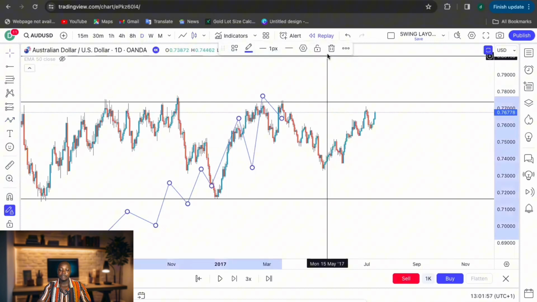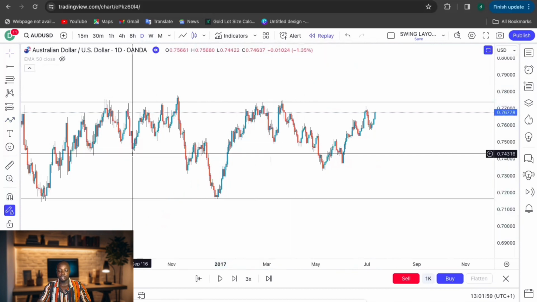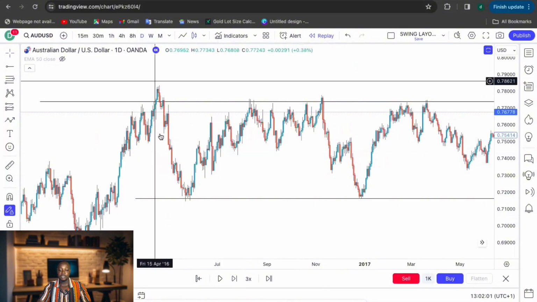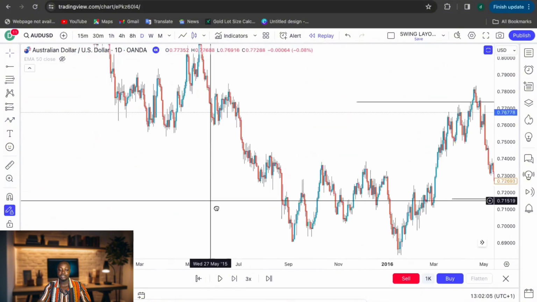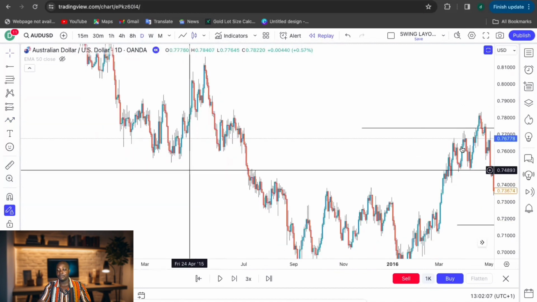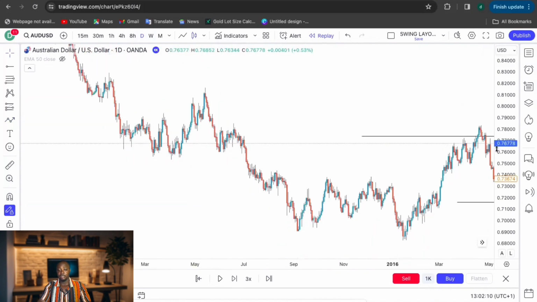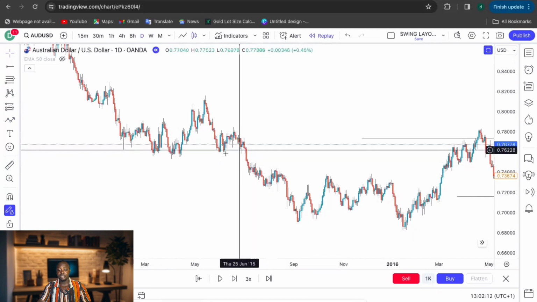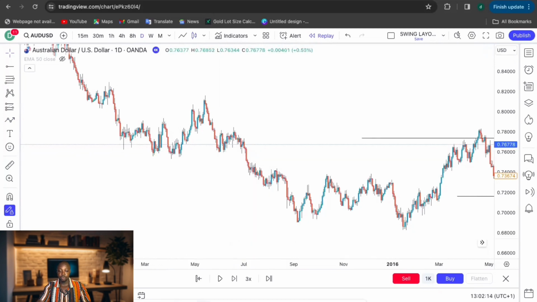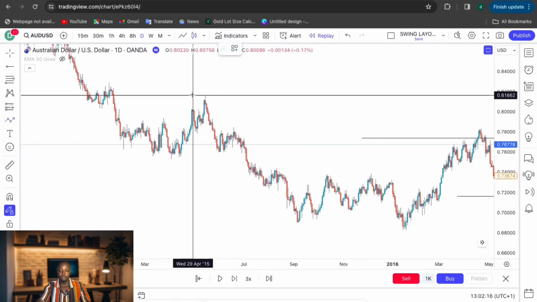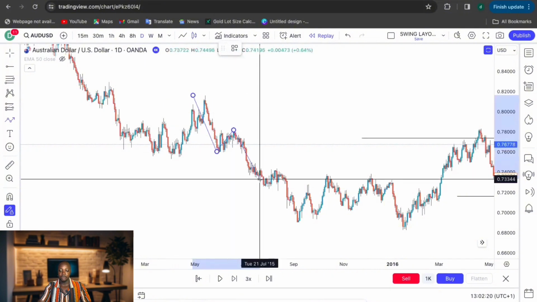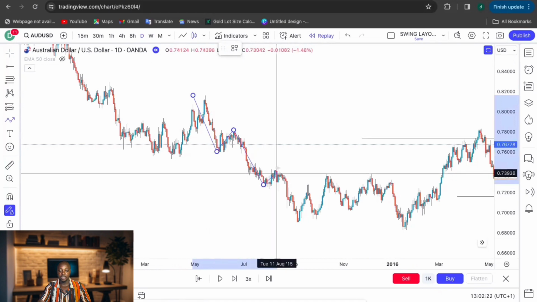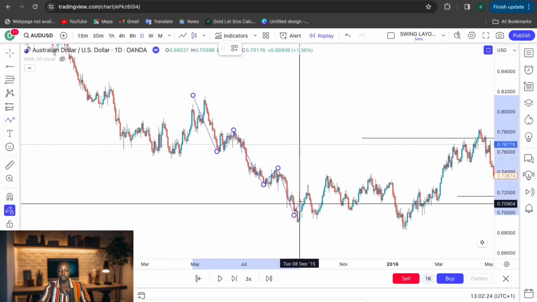So I will advise you, pick up any charts and try to mark out and identify the trend. Don't just say, oh, because the market is going down, it's in a downtrend. Try to take a tool and do it yourself. High to low, lower high, lower low, lower high, lower low, lower high.